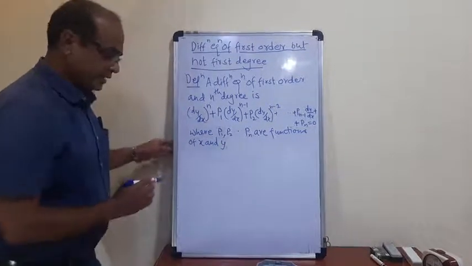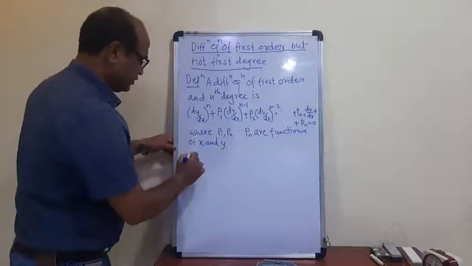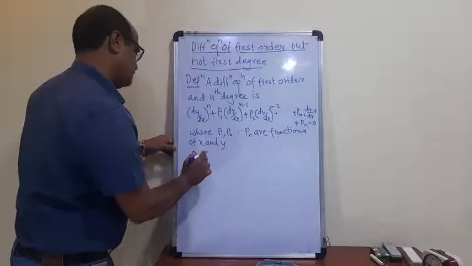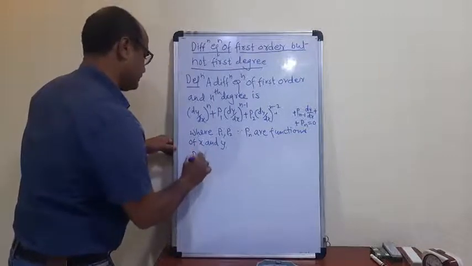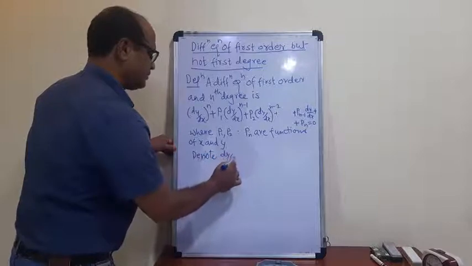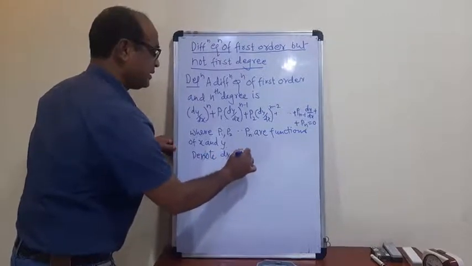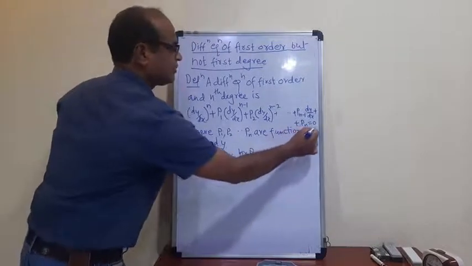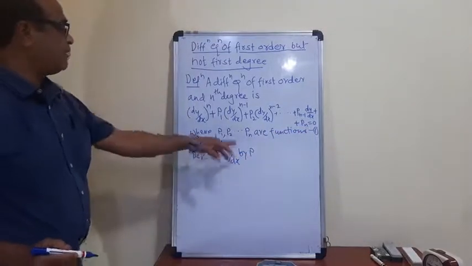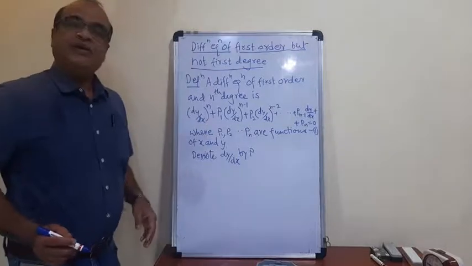So put here, denote dy by dx by p. So this is equation number 1. Denote dy by dx by p in this equation.